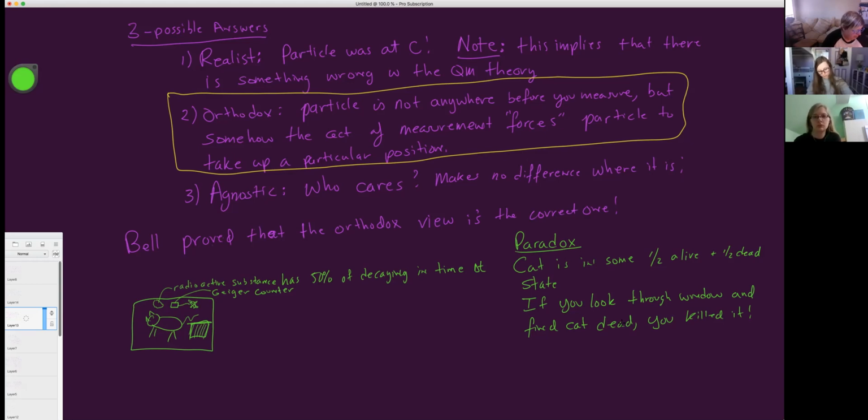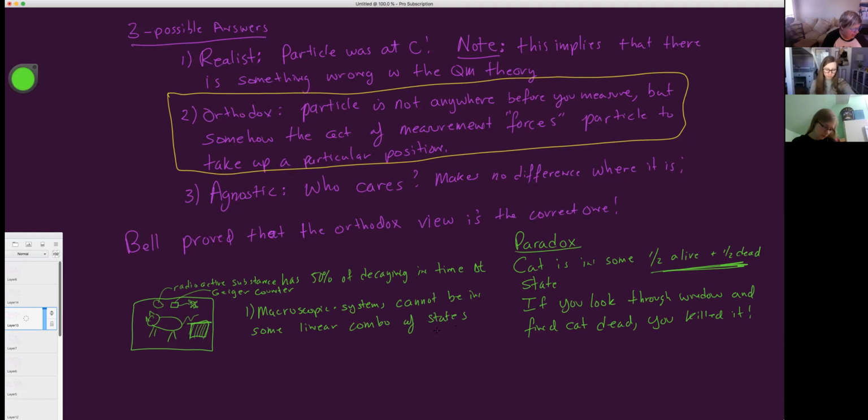So what does it mean? We know for sure macroscopic systems cannot be in some linear combination of states like this, alive and dead.